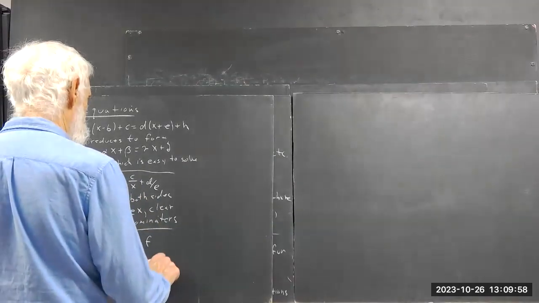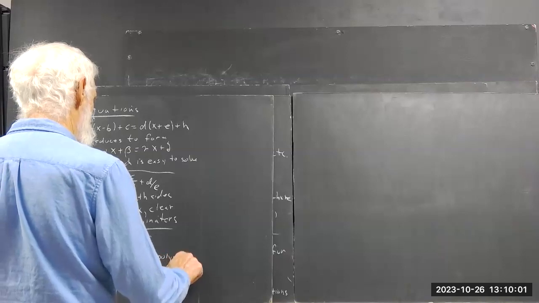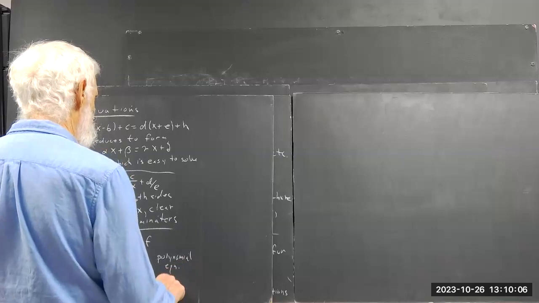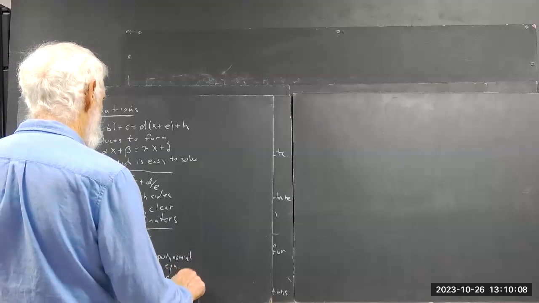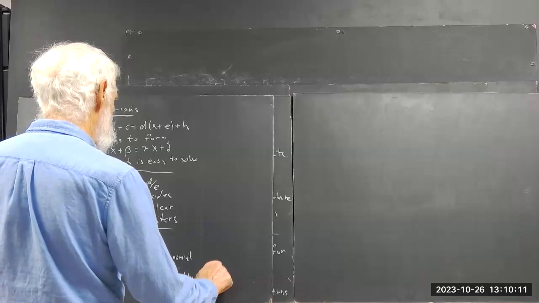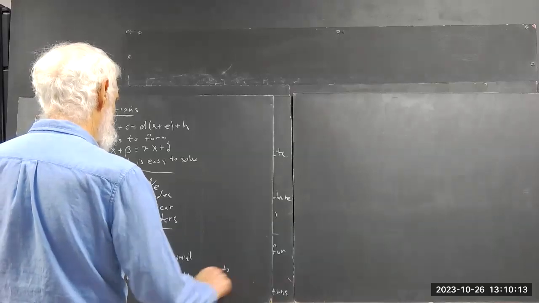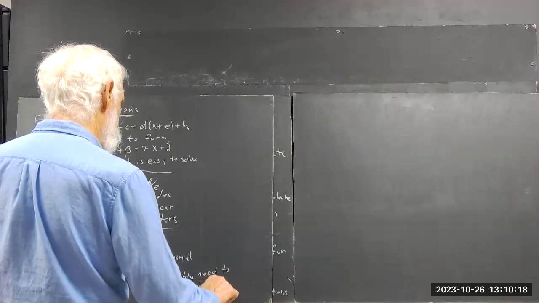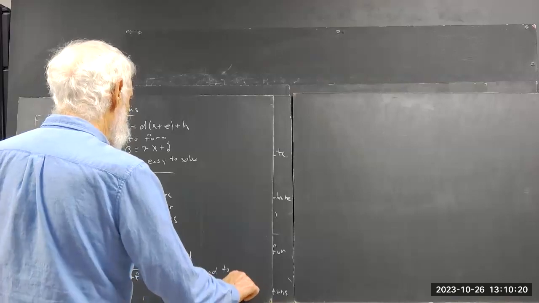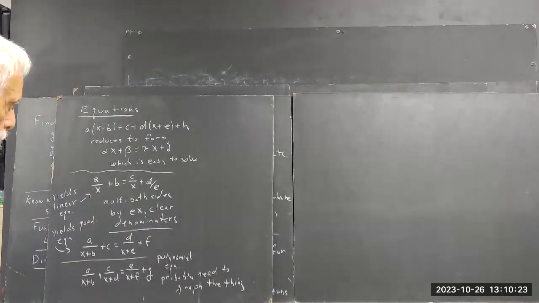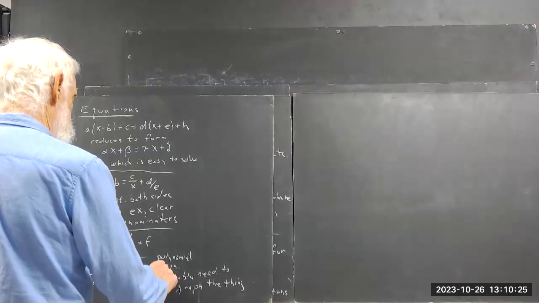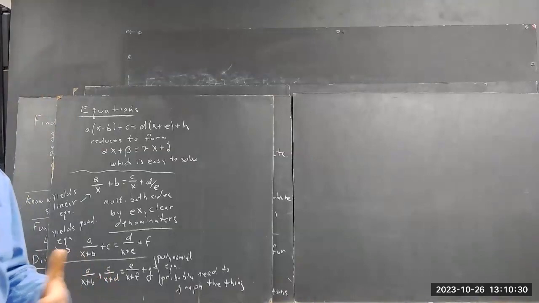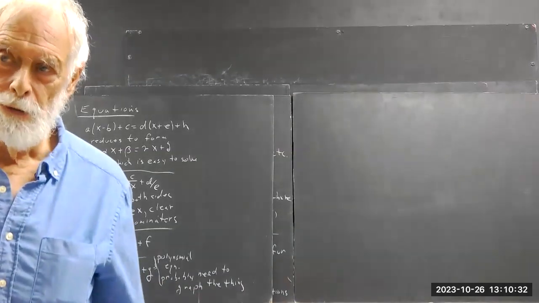So this is a polynomial. If it is a polynomial equation, you're probably going to need to graph the thing and use the graph as a guide to figure out an approximate solution.